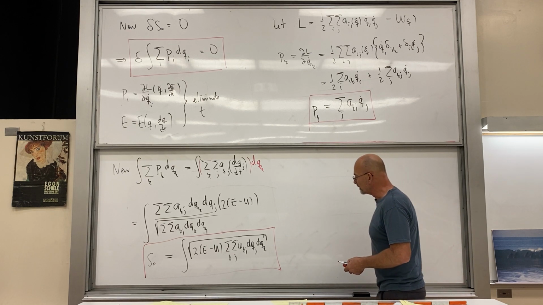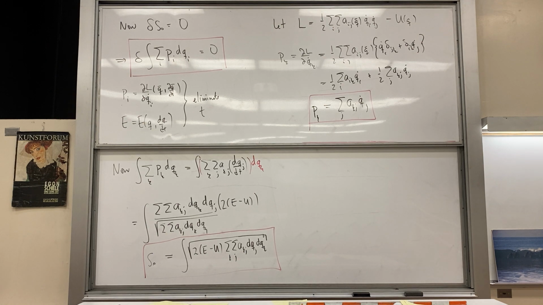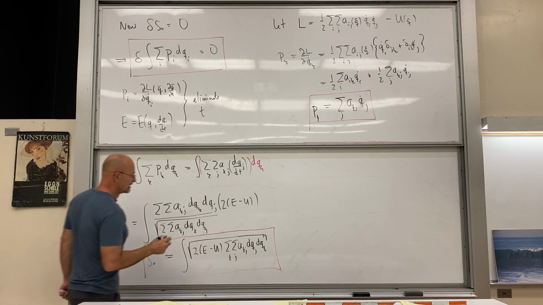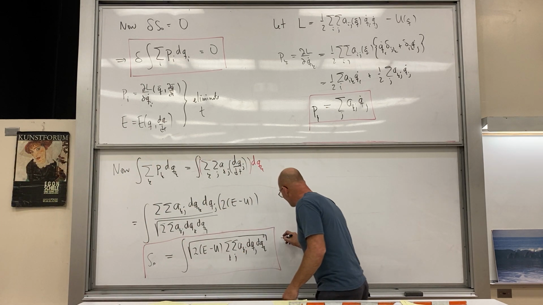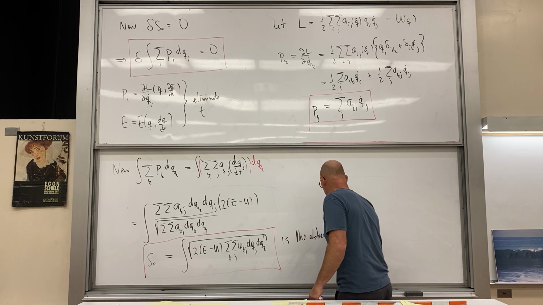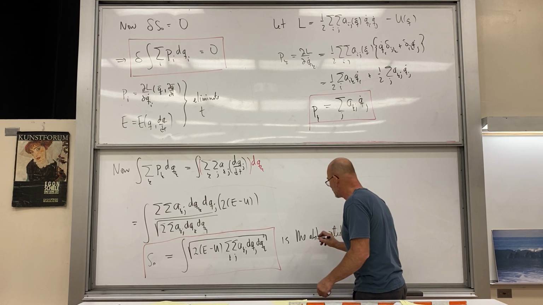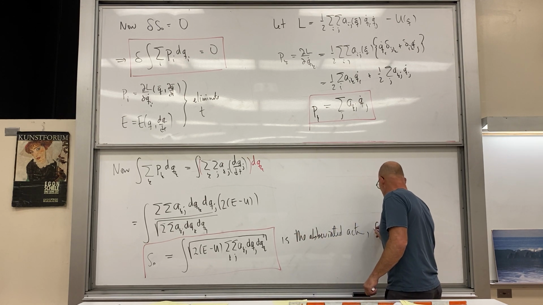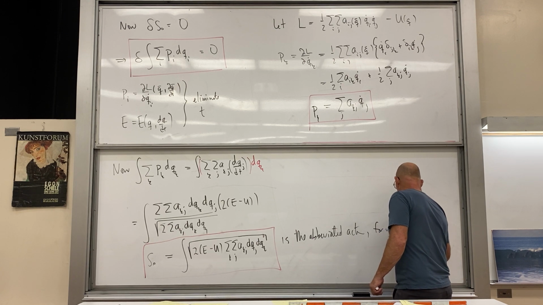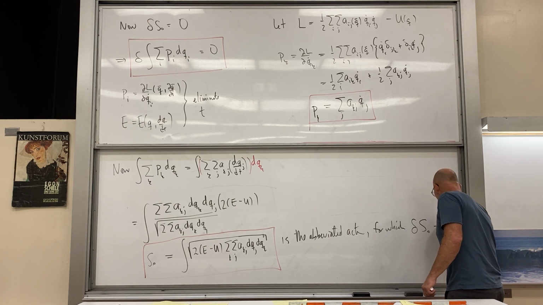And to render it useful for calculations, let's see how much time I have. Yeah, perfect. We got this. Is the abbreviated action. And we know that there's a variational principle for it, because that was part of our derivation.